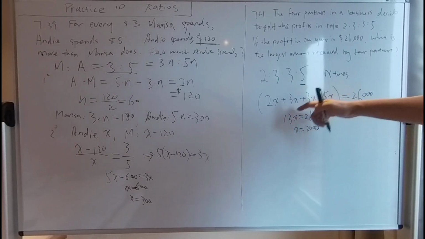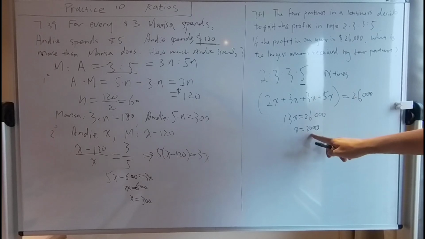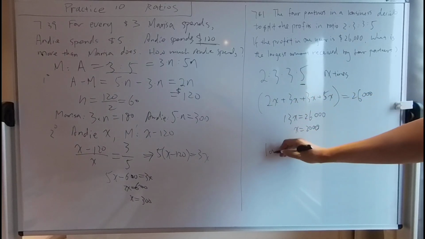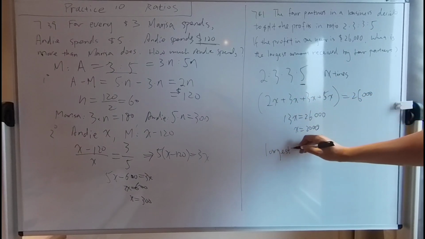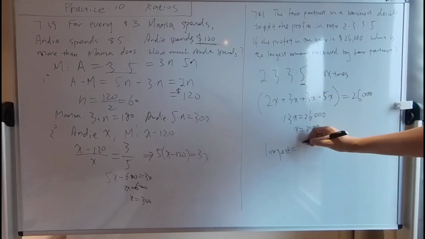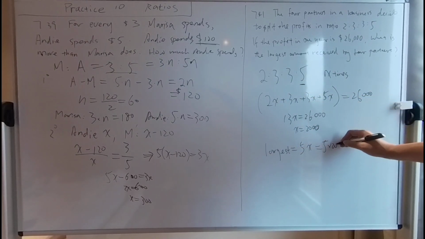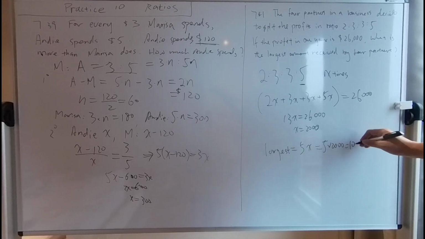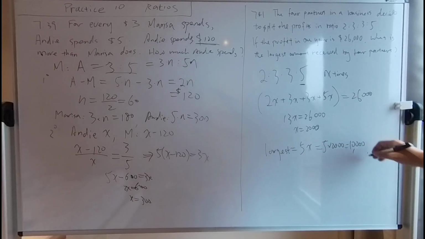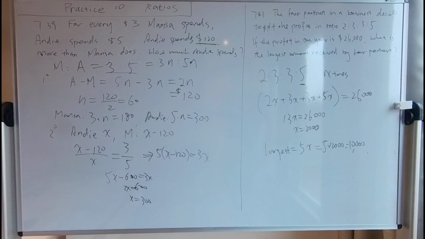Each share, x, is 2,000. The largest amount is received by the person with 5 shares, so 5x is 5 times 2,000, which is 10,000. So that's the answer.